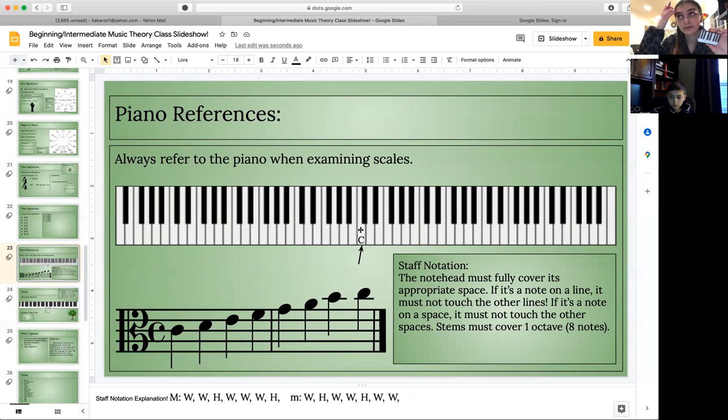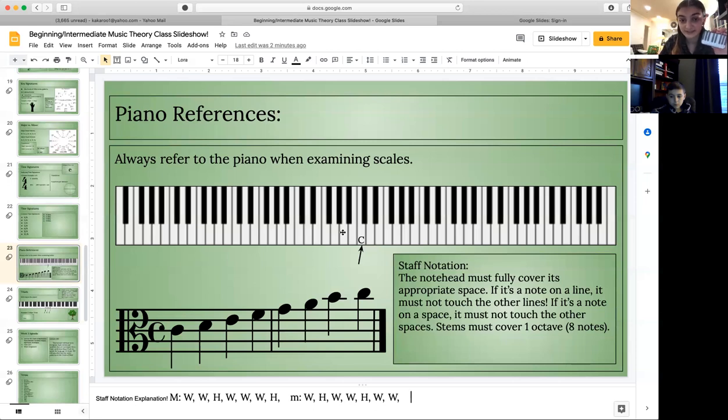Whenever we talk about major versus minor, major seems pretty happy, positive, everything works together, but minor seems kind of sad or just not too great. Or maybe it's really fun, but it's more negative. So again, positive would be ascending, and you would ascend in order to find your major key from a relative minor key, and you will descend to find your relative minor key from a major key.